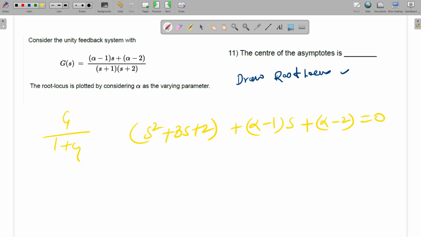What will be the simplified version of this one? There is 3s and (alpha minus 1)s.